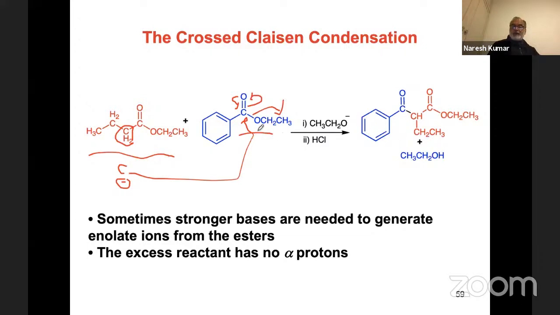So again, from one of the esters, OCH2CH3 is lost while the second molecule is intact, and you get this crossed condensation product. And again, the idea is that there is no enolizable CH present next to that carbonyl in one of the esters. So that doesn't matter. If you manipulate your reaction conditions and the product or starting compound, you can get the desired product quite easily.